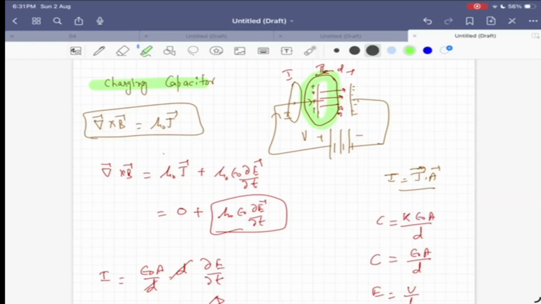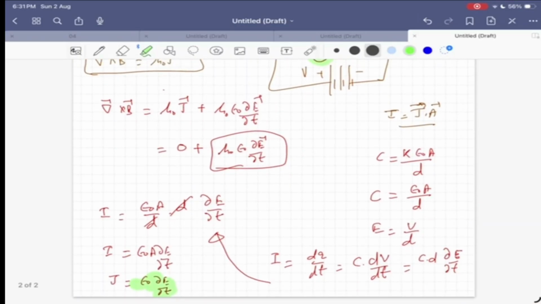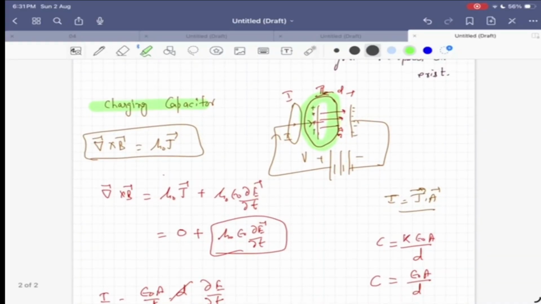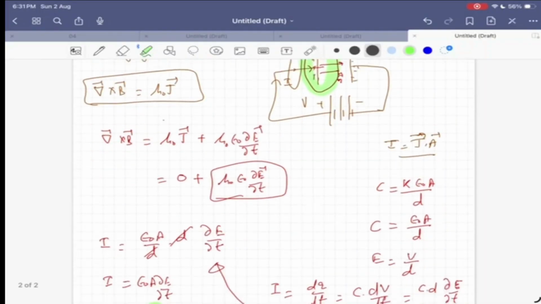And to know the value of that magnetic field, we can apply Maxwell's modified Ampere law, and then the second term gives us the exact value of the magnetic field which was required. So this is how the charging capacitor problem can be seen through Maxwell's modification, and the explanation fits very nicely.